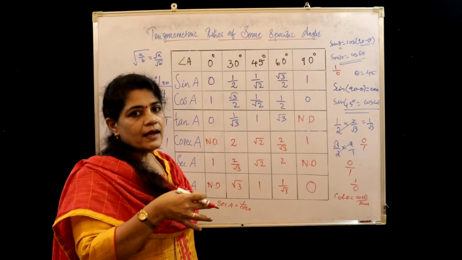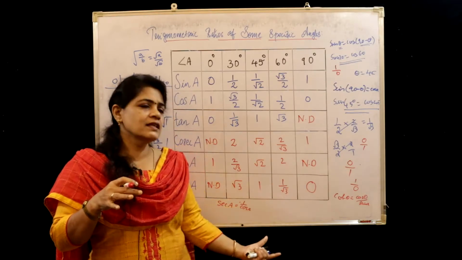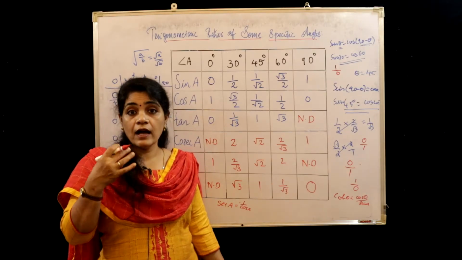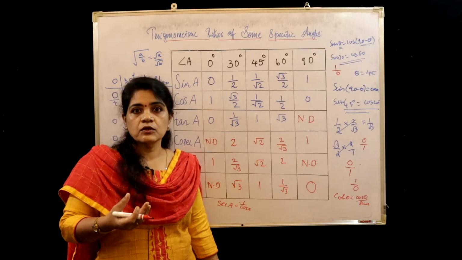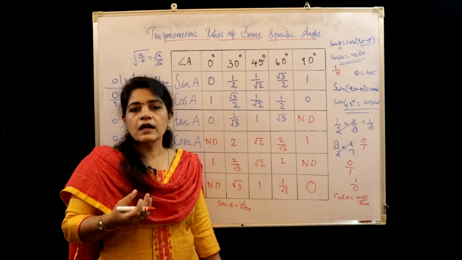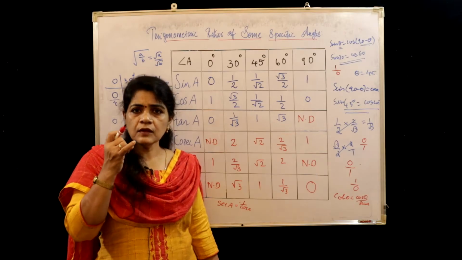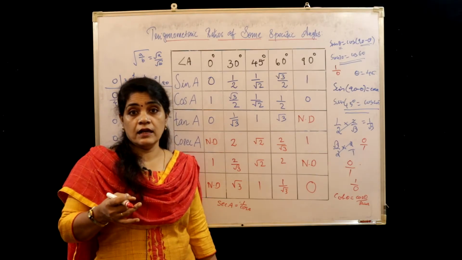We are applying so many results in order to fill this table of the values of trigonometric ratios for specific angles, that is the quotient relation and the reciprocal relation.